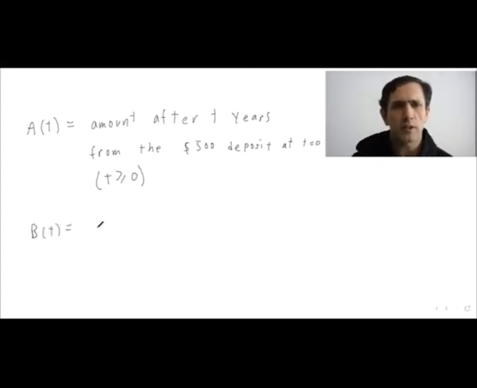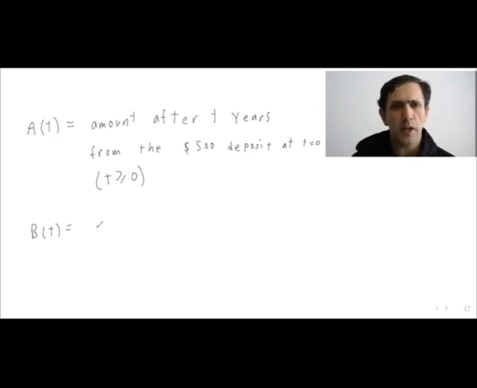And let's do B of t corresponding to the $1,000 deposit separately. Remember, to apply our formula, we can only have one single deposit, or one single withdrawal, being a negative deposit, essentially. So we just consider the deposits separately and separately apply our formula.